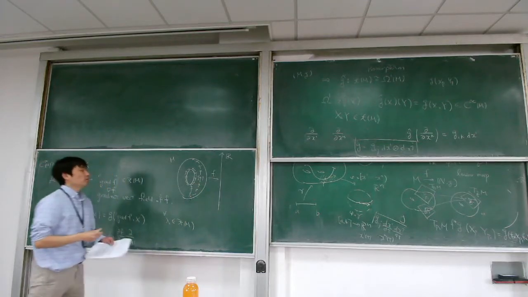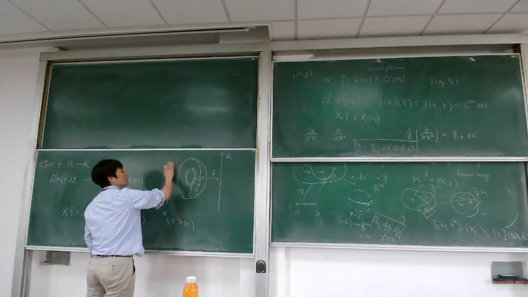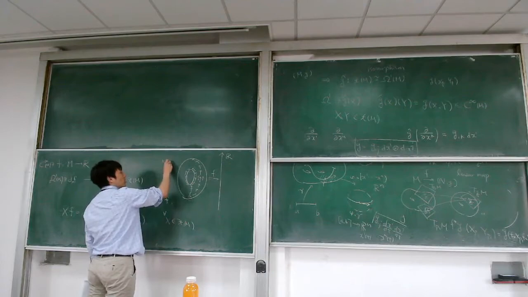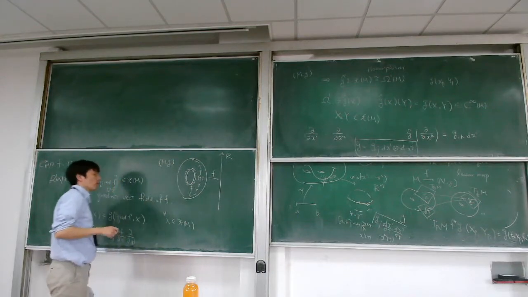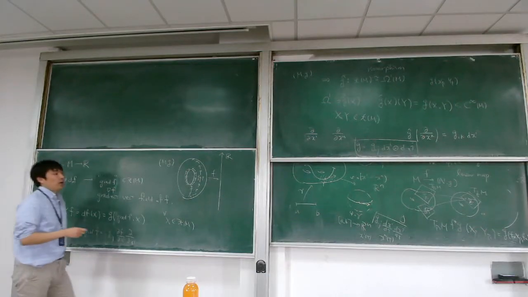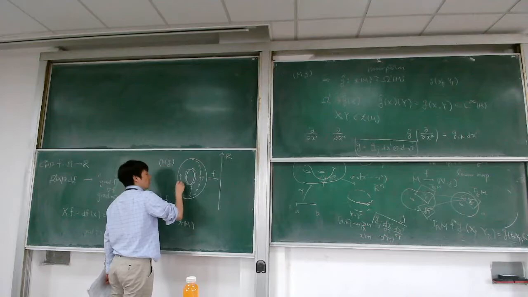Here I assume, of course, M is a torus with the induced metric from R3, so (M, g). So this is the gradient vector field for f if you use the height function.